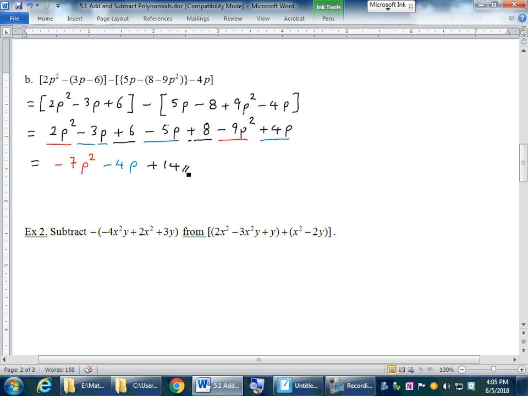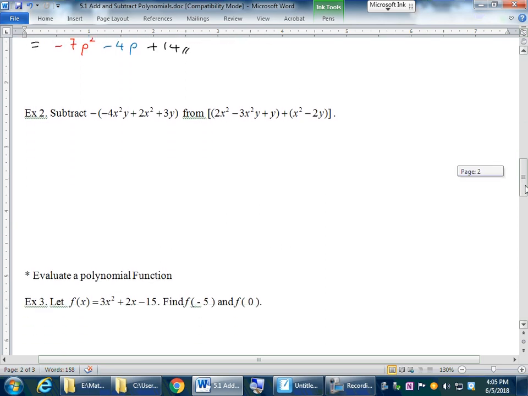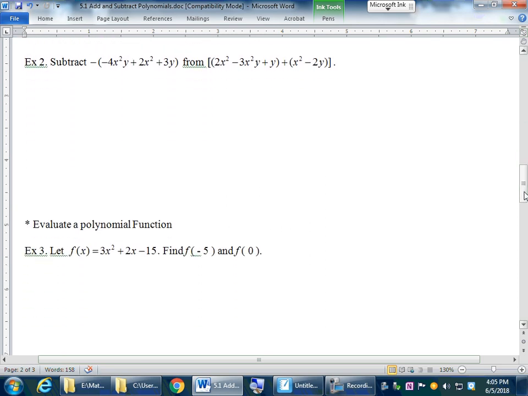Example 2 is basically recalling translation. So, subtracting the first polynomial from the second polynomial. The first thing you need to do is write out the problem correctly, which is 2x squared minus 3x squared y plus y plus x squared minus 2y, subtracting the first polynomial.